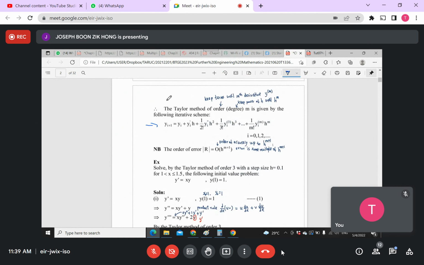That means if I want to get the next point, I need to use yi prime, yi prime prime, yi prime prime prime. Let's say I have 0, and the next one is 0.2.